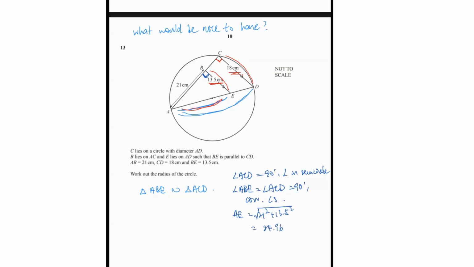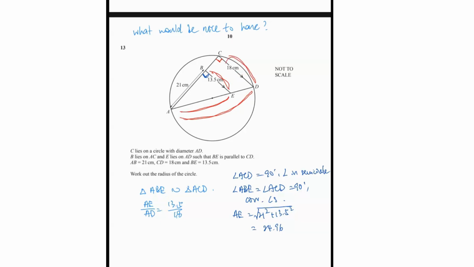Then I have enough information to use my similar shapes. Going back to this, I know that AE to AD is 13.5 to 18. Just a quick recap. AE to AD is the same as BE to CD.